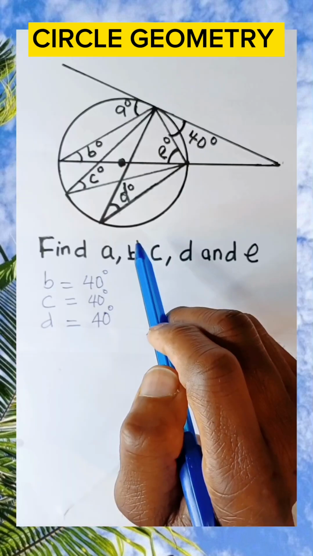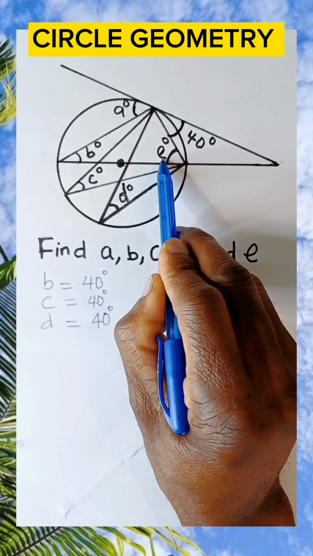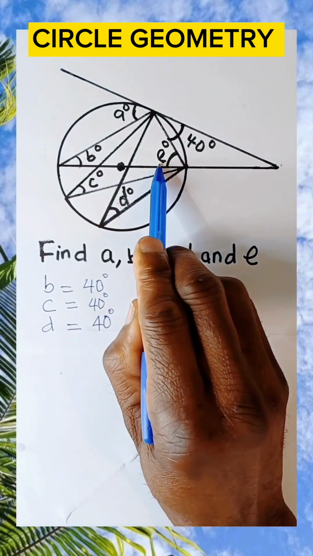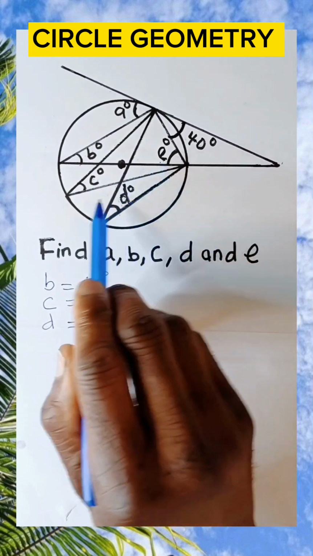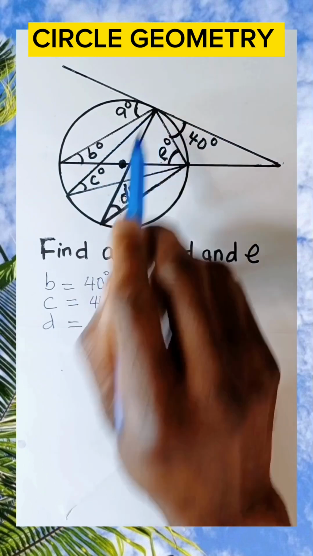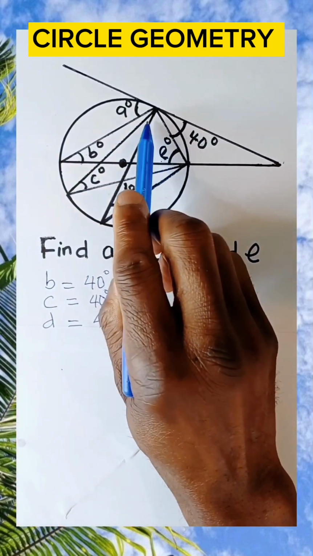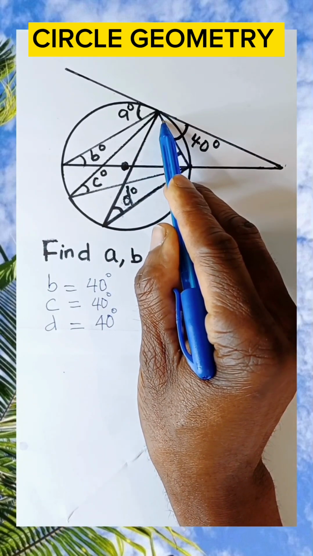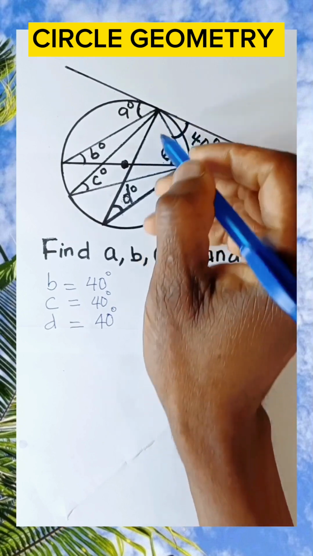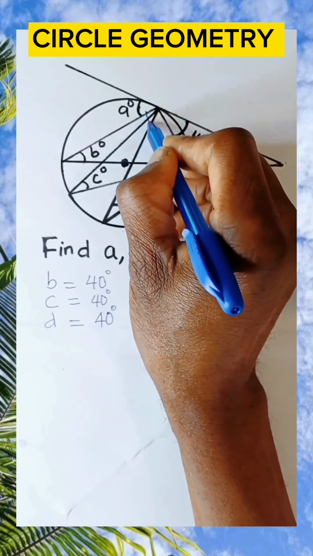All right. Now let us find angle E. For us to find angle E, we need to be familiar with the circle theorem that states that the triangle in a semicircle forms angle 90 degrees at the circumference. This angle formed at the circumference is a right angle triangle. So this angle is 90 degrees.